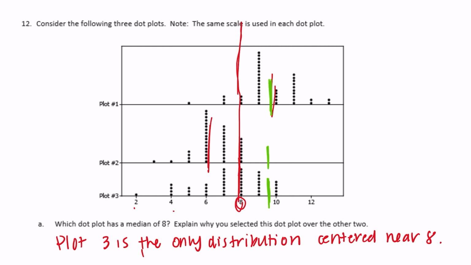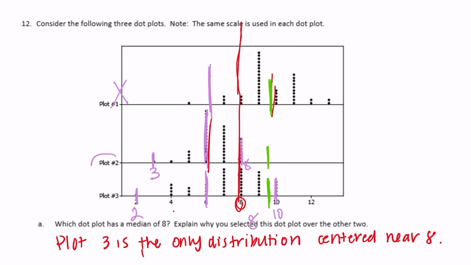Okay, median of 6, so that means right there. I'm already going to cross off plot 1 because it doesn't make sense that the median would be at the very beginning. And a range of 5. So this one ranges from here, that looks about 3 to 8. So that would be a range of 5. This one ranges from 2 to 10. So that's a range of 8.